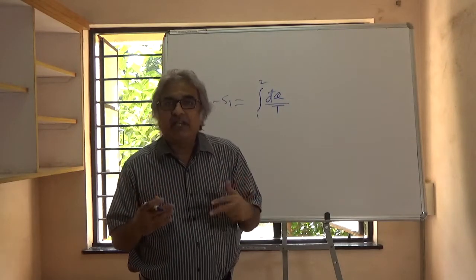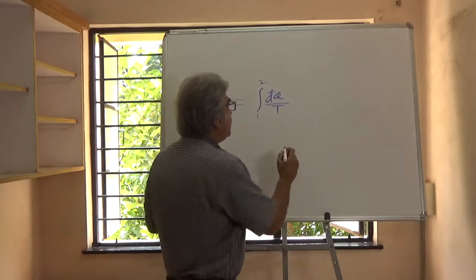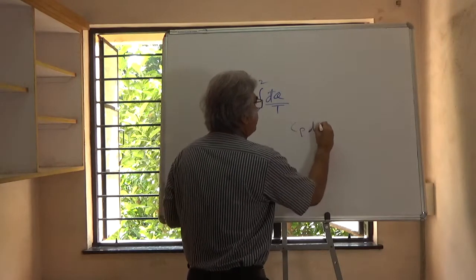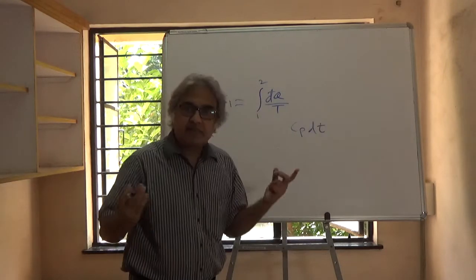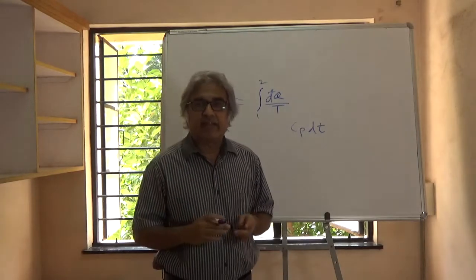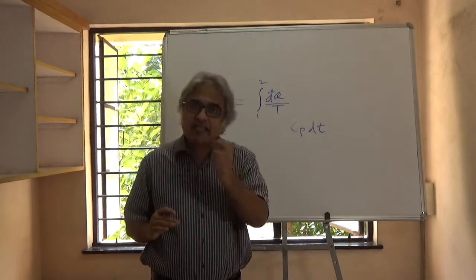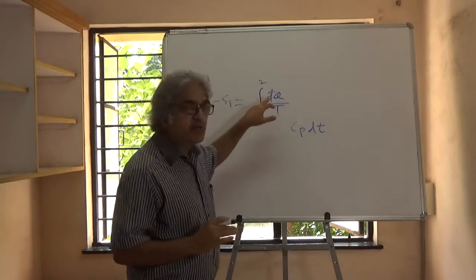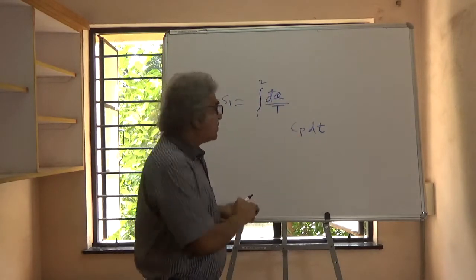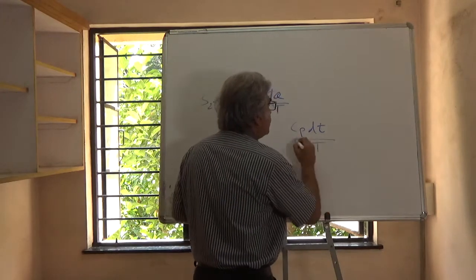If it is solid or liquid, you can substitute dq by mCp dT, right? m is 1, so let's say we are calculating entropy change for 1 kg of that substance. So you substitute dq as Cp dT. So this will be Cp dT by T.